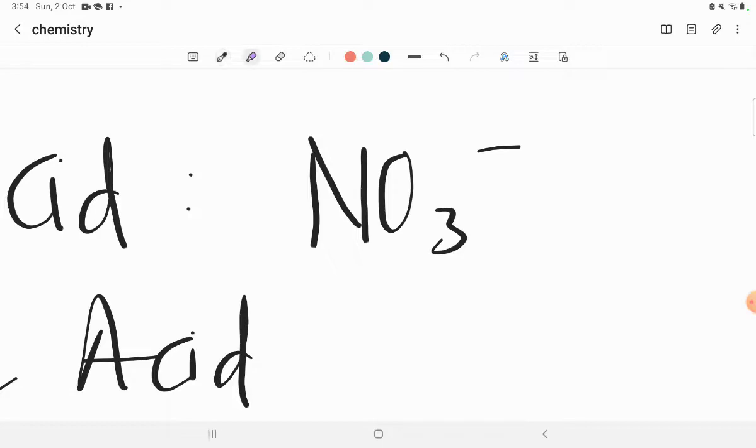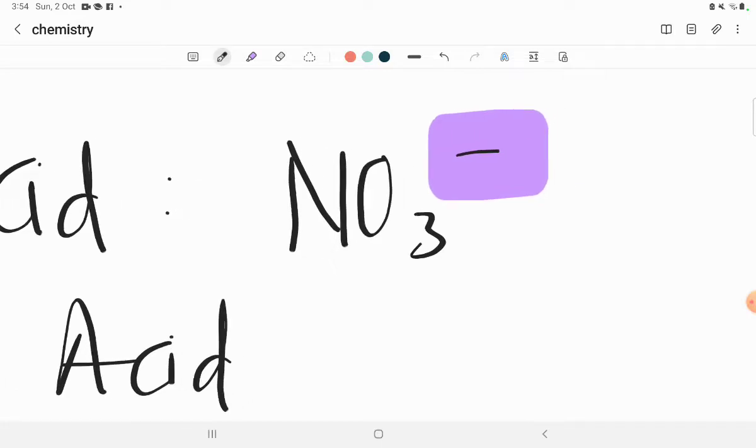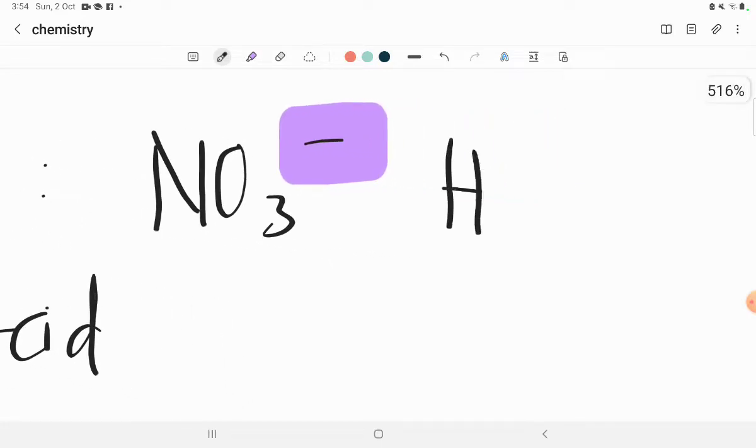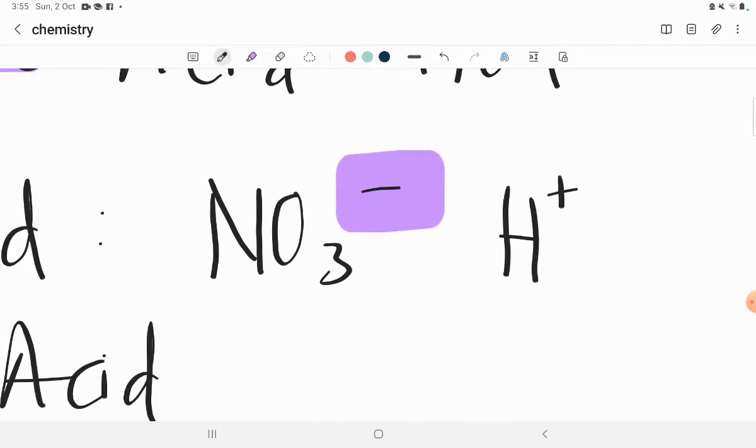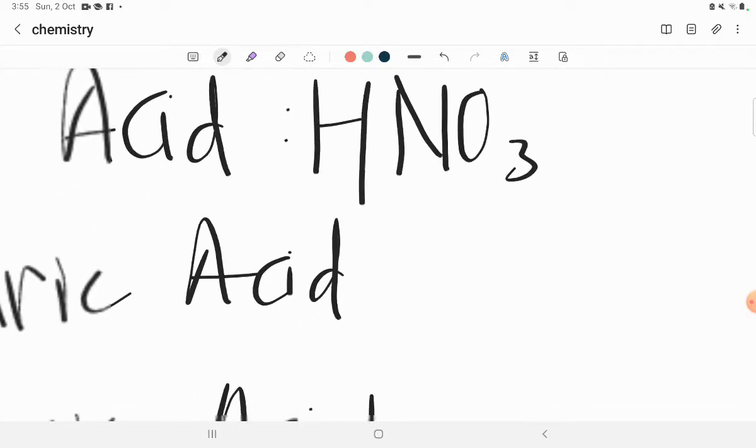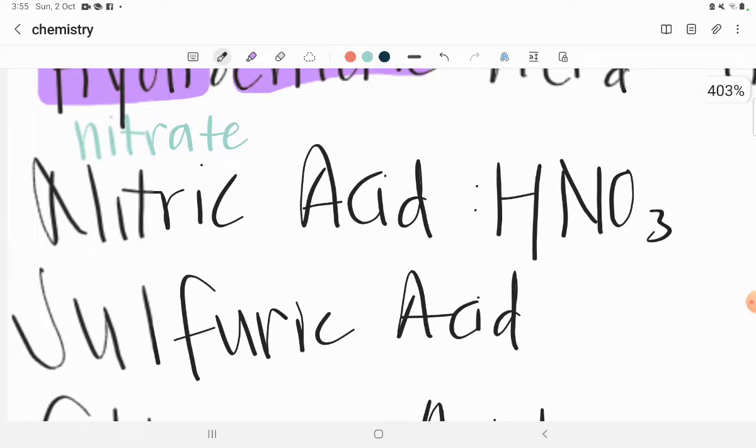This minus is important because we need to know the number of hydrogen atoms we need. Hydrogen has a charge of 1 plus, so how many pluses do we need to cancel out the minus? We only need 1, so we only need 1 hydrogen: HNO3. That is the chemical formula for nitric acid.